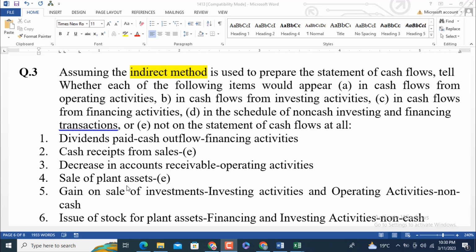So sale of plant assets. As we already mentioned, we are going to record the movement of cash in or out of the company in the statement of cash flows. So sale of plant assets is just a sale. We don't know whether we are getting profit or loss as a result of the sale of plant, so it will not be part of the statement of cash flows.